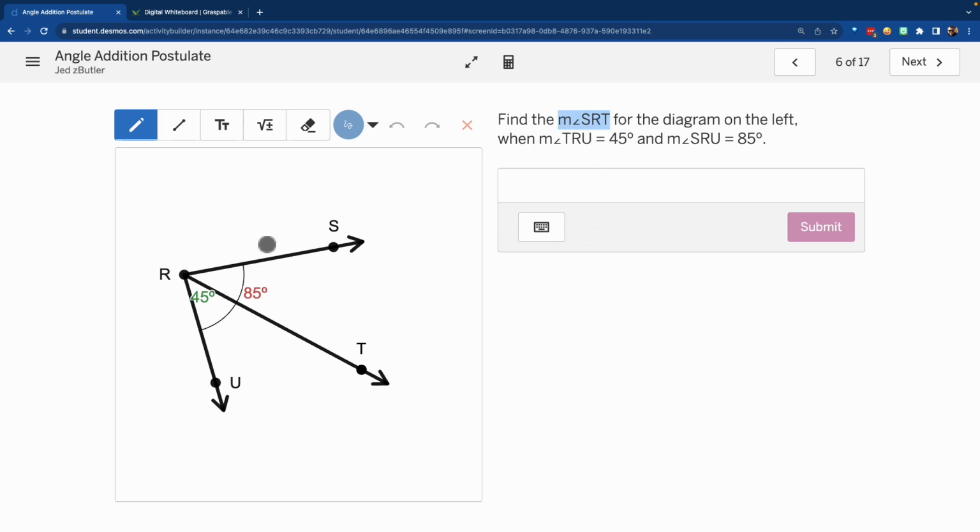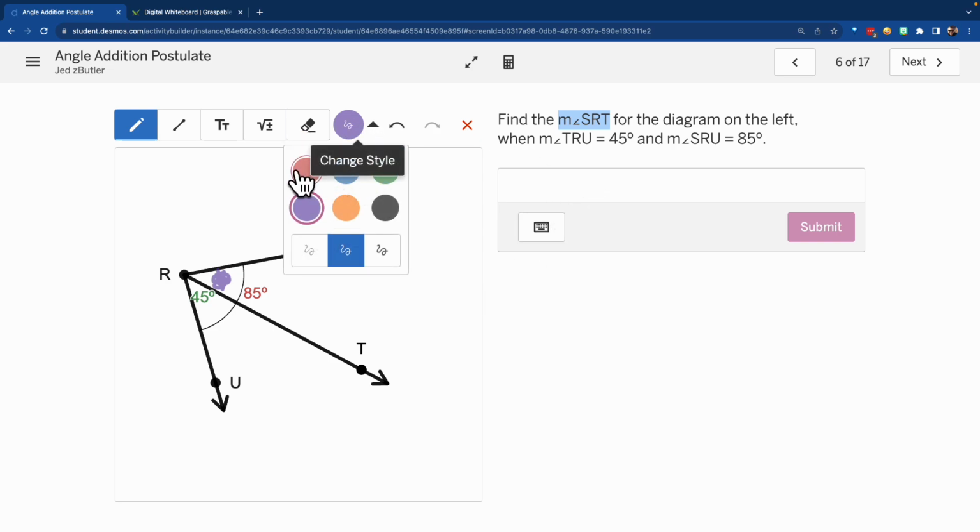All right, now let's find SRT. I'll color this in red maybe, or let's do purple because purple's not used. SRT is just this angle that I'm coloring in, that amount of rotation. The red, 85, goes all the way across.